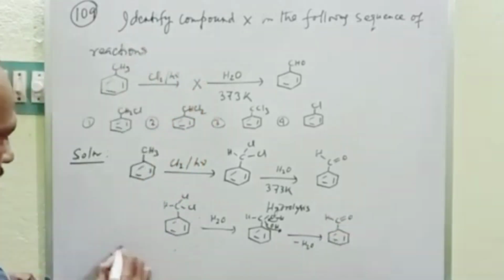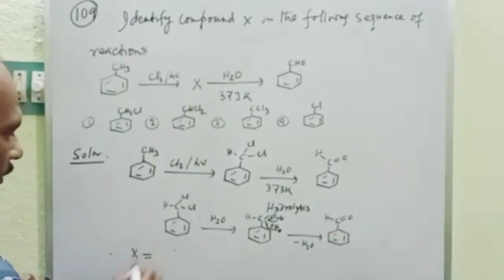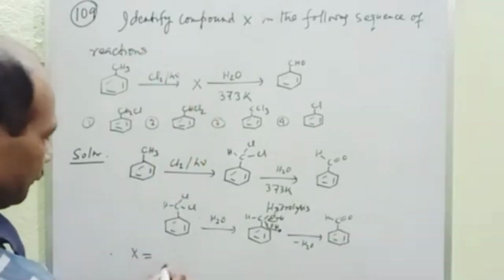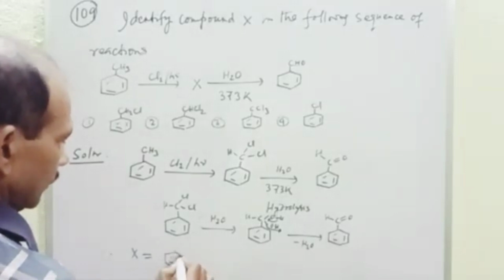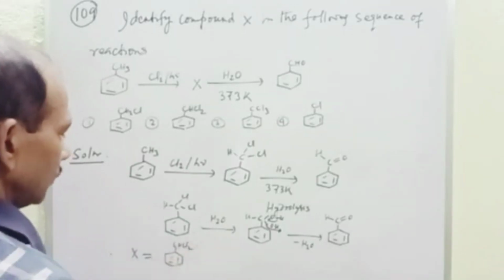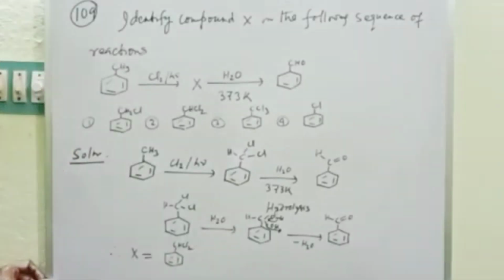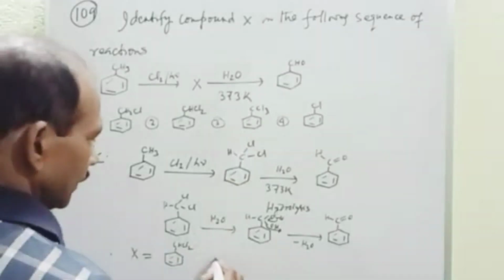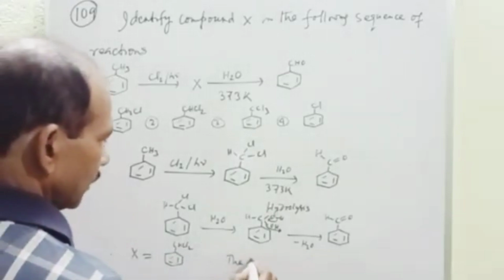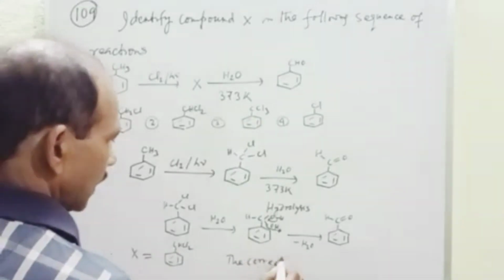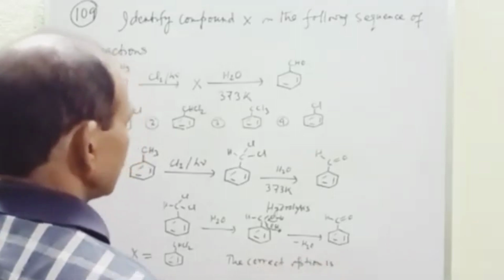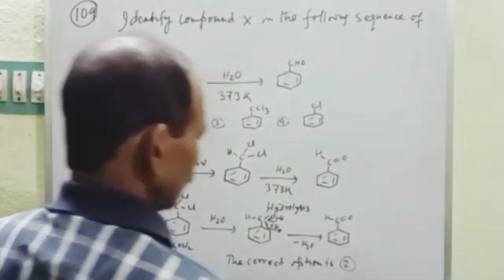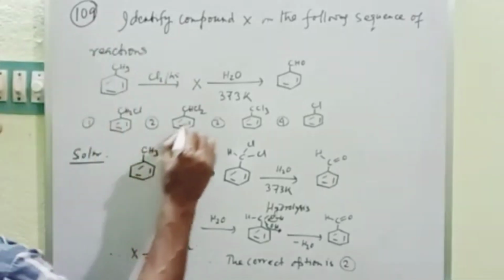Therefore, X is equal to C6H5CHCl2, that is benzal chloride. Therefore, the correct option is option number 2. That means this is the right option.